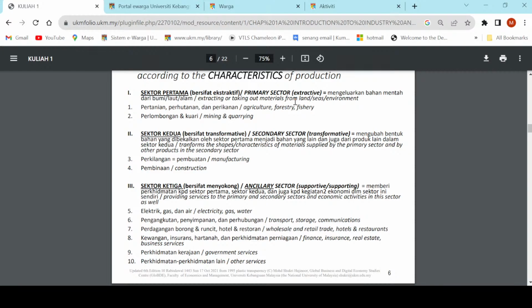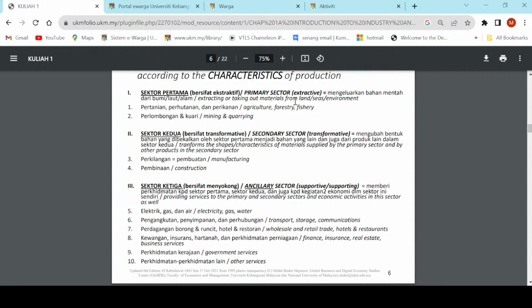Forestry, from the forest, you get trees and you get wood. Fishery, from the seas, you get fish. From the river also, you get fish. So these are the characteristics of the production. Extractive.